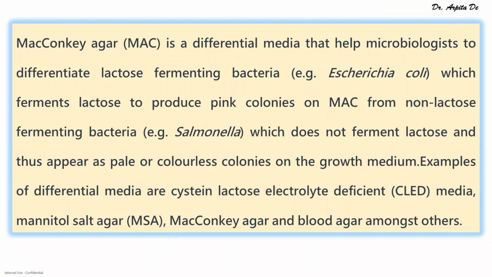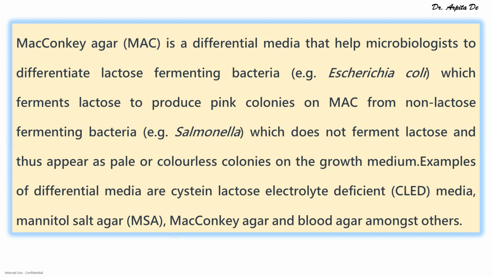Now see, MacConkey agar is a differential media that helps microbiologists to differentiate lactose fermenting bacteria, that is E. coli, which ferments lactose to produce pink colonies on MacConkey agar, that is MAC, from non-lactose fermenting bacteria, that is Salmonella, which does not ferment lactose and thus appears as pale, colorless colonies on the growth medium.